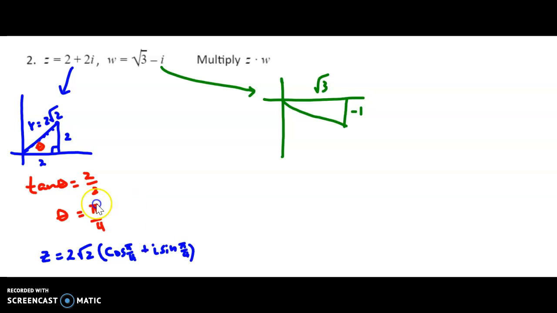Okay, that's what we have so far. And we're going to do the same for w over here. By the Pythagorean theorem, we're going to figure out the r value. Here, the r value is 2. And again, we also need theta, the angle.